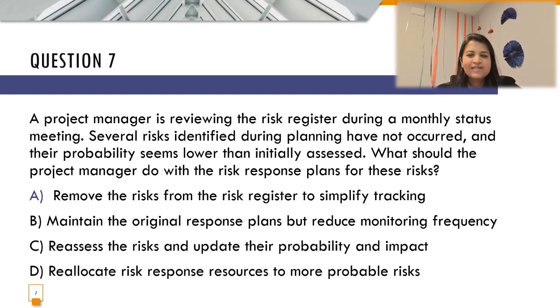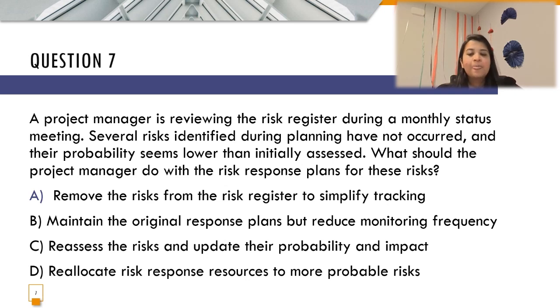Question number 7. A project manager is reviewing the risk register during a monthly status meeting. Several risks identified during planning have not occurred and their probability seems lower than initially assessed. So what should the project manager do with the risk response plan for these risks?